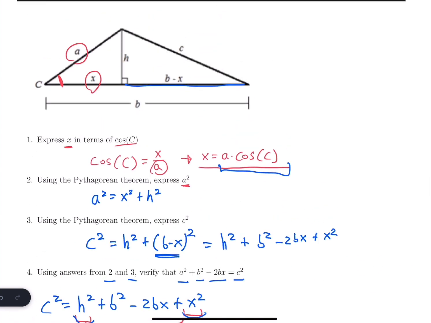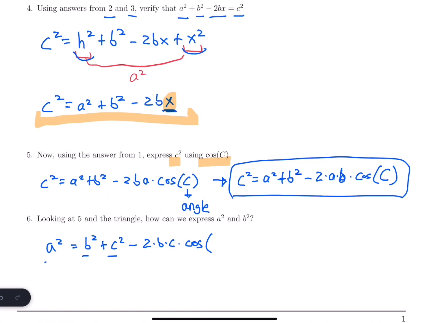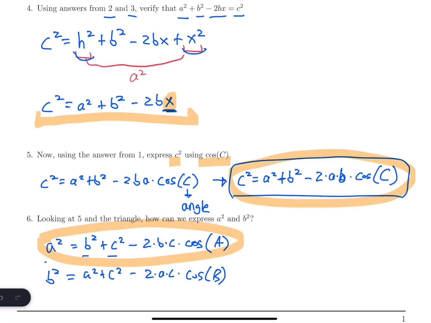The corresponding angle to a is this angle. Let's label it A, and let's label this one B. And you can guess similarly that b squared is the same as a squared plus c squared minus 2 times a times c times cosine of B. So these three things right here are the law of cosines.